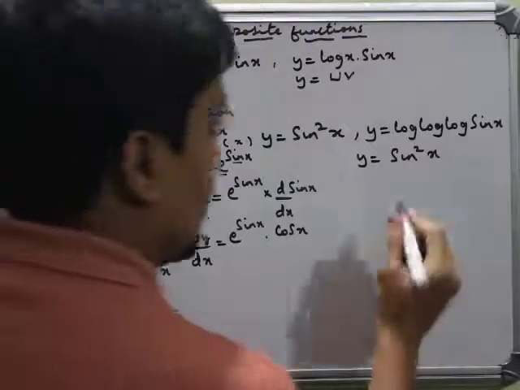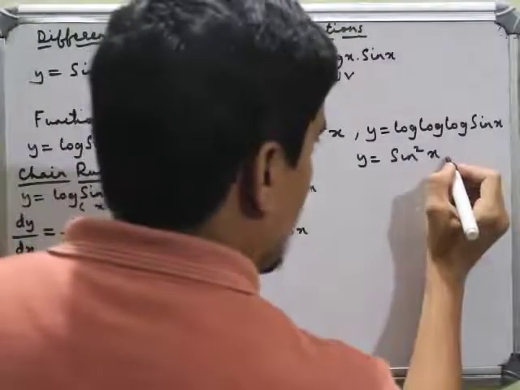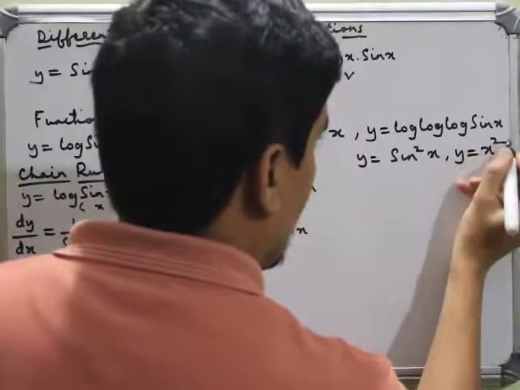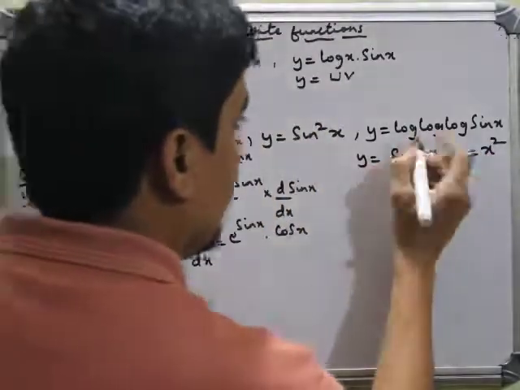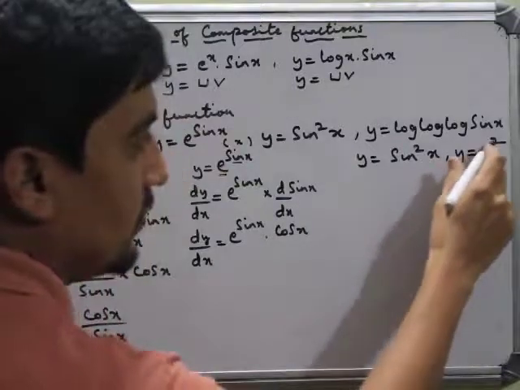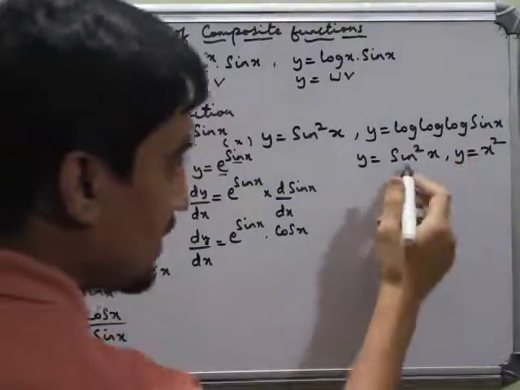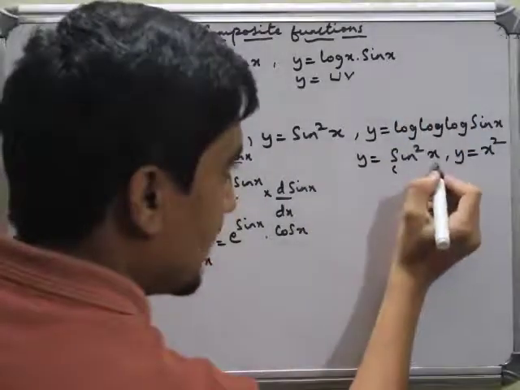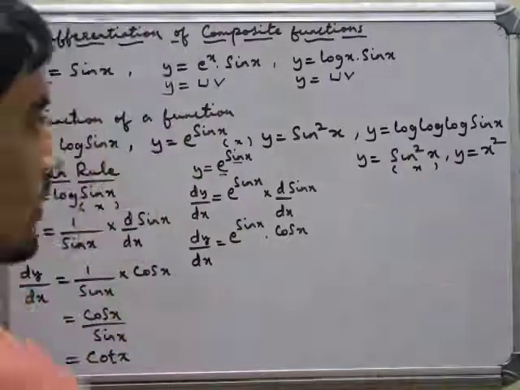Now, if it was x square, say right here, y is equal to x square, what will we write? Differentiation of x square is 2x. Here, instead of x, we have sin x squared. So again consider this as x.